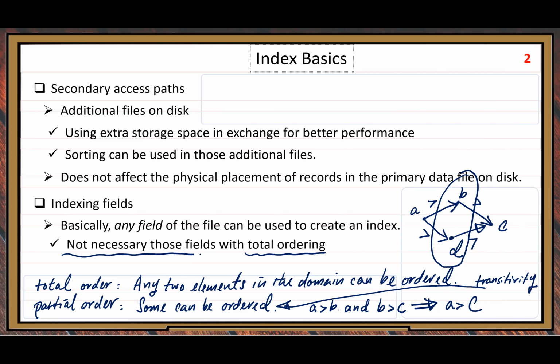Let's assume some field does not have total order. If a field does not have total order, can you sort it? You cannot, because only when you have a total order can you sort it. Otherwise you cannot.